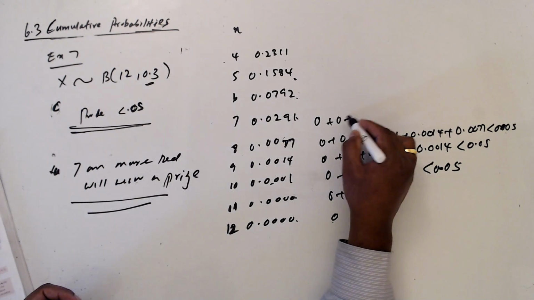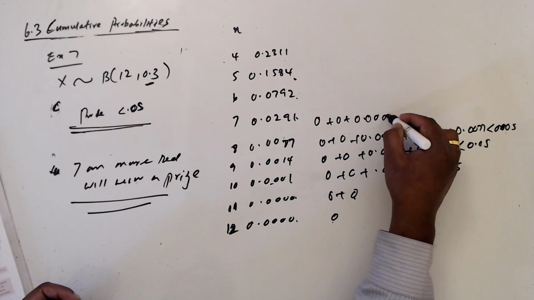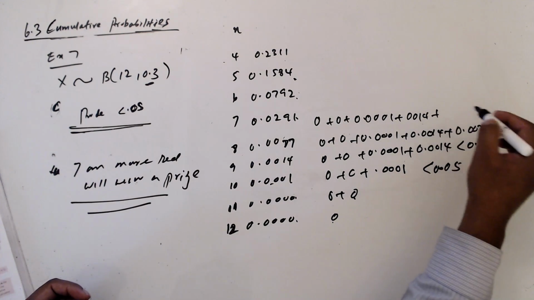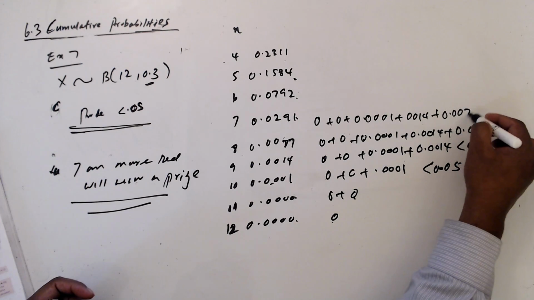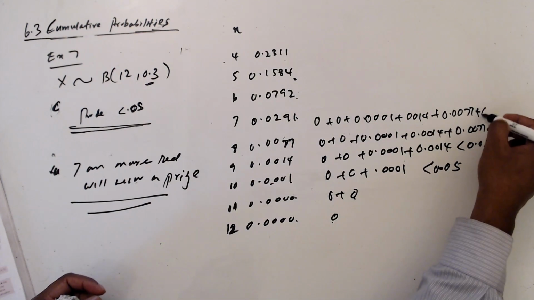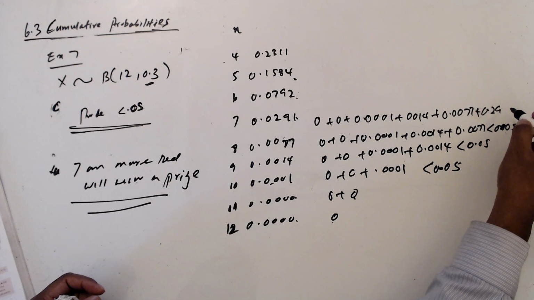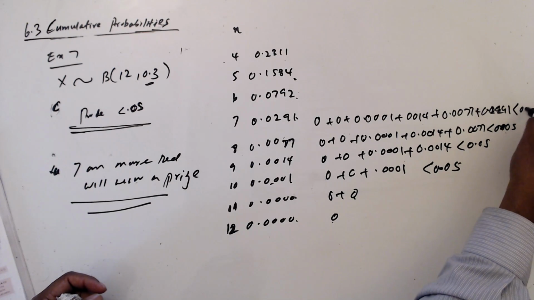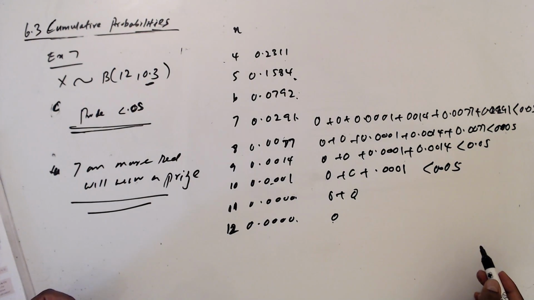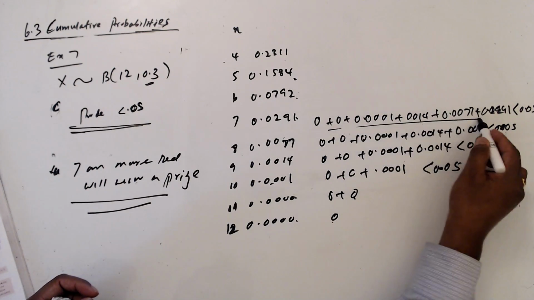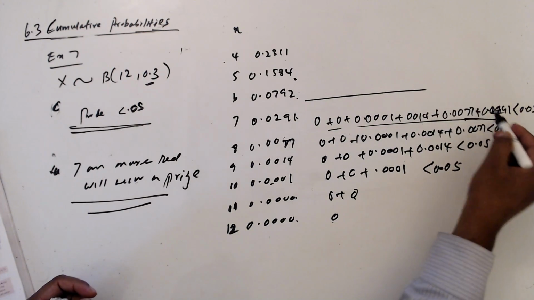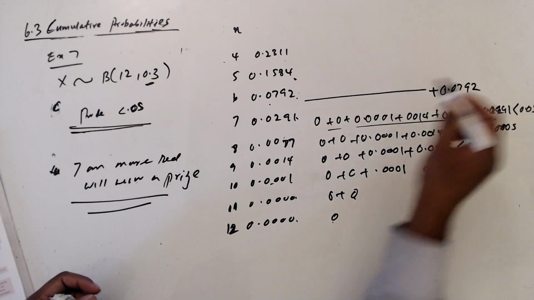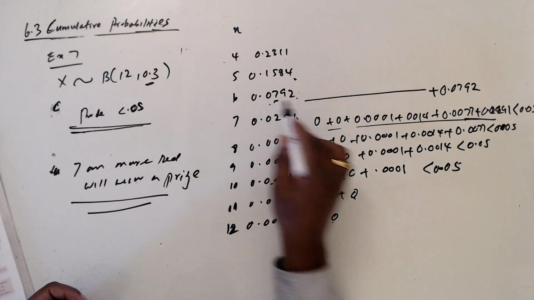This is 0, then 0.0001 plus 0.0014 plus 0.0077, and now this one value 0.0291. So this is also less than 0.05, right? And for this value, again you write this whole set again, and when you add this one, 0.0792, you can see that this is more than 0.05.